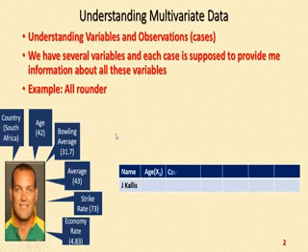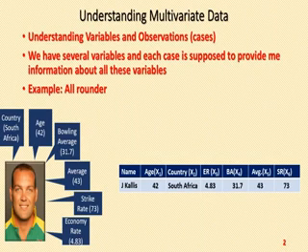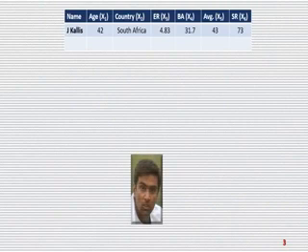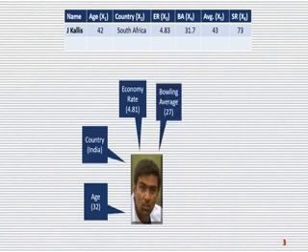Generally we use rows and columns to represent the data set, where the variables are represented along the columns and each observation is populated along the rows. So along the row we have the values for Jack Ellis. Now if we consider another all-rounder in our system, his name is Ravichandran Ashwin, and these are the values.